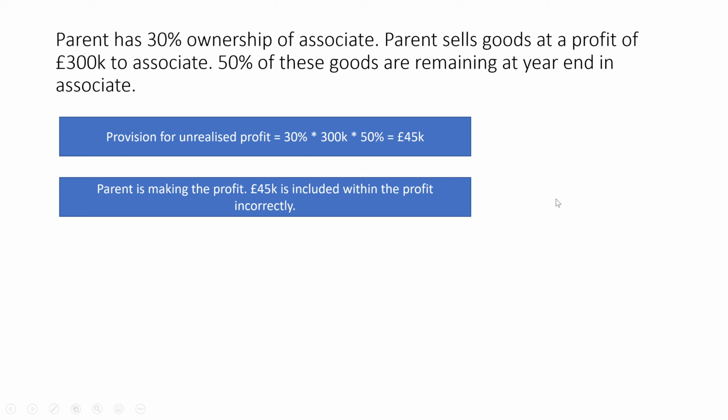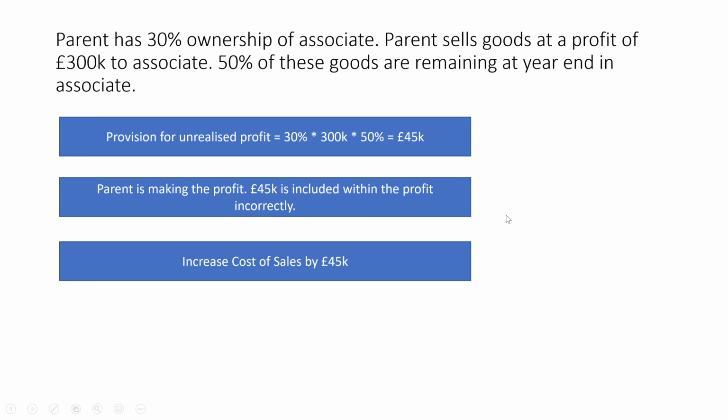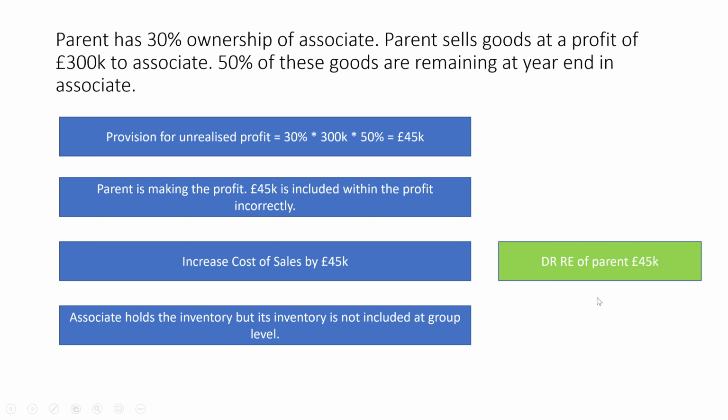It's like an intragroup transaction because that 45k of additional profit in the parent is being reflected as an expense in the investment in associate. So the way we correct for this is we increase cost of sales of the parent by 45k, and we debit retained earnings of the parent by 45k.